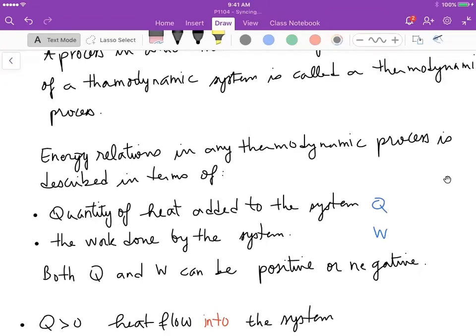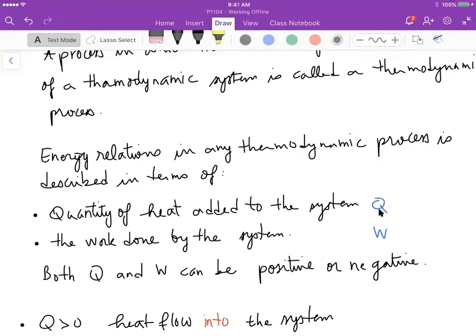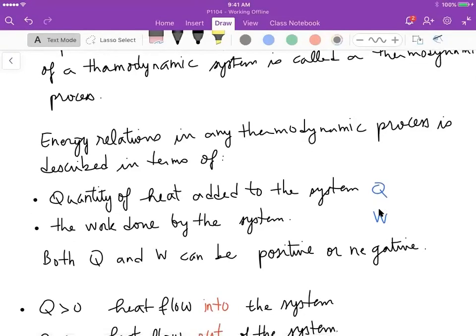So if we have this case and we have the heat exchange between the system and the surrounding, then this is the first variable which we will consider in this energy transformation. And the second channel would be through the work done by the system.